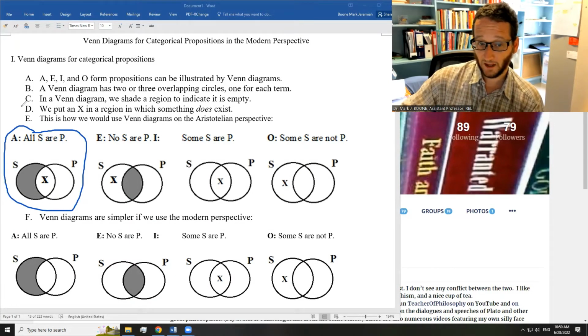In other words, there's nothing in that region that represents S's that are not P's, and there is something in that region that represents S's that are P's, because that's the only place for it to go. There is nothing that's an S and not a P, and so you shade the first region.